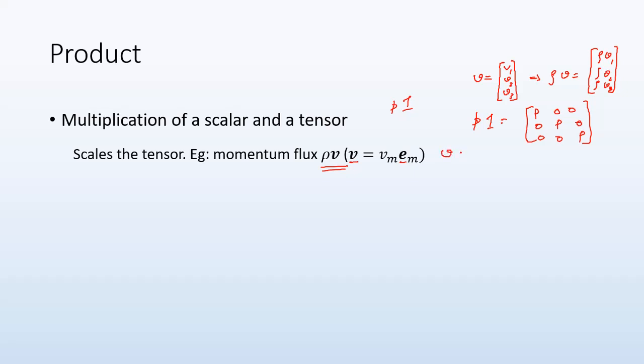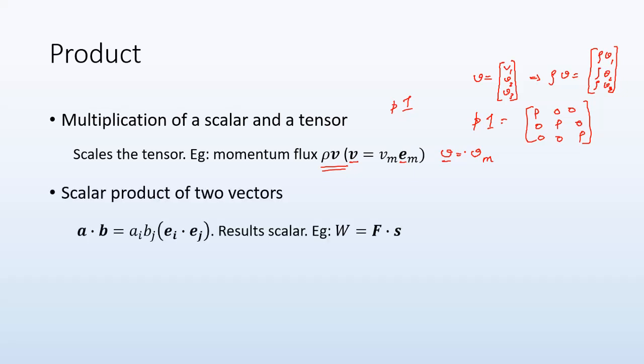This is just written as V equal to V_m. While you are writing, make sure that you give an underbar, because otherwise you can get confused. So you give a single underbar for a vector and a double underbar for a tensor. So multiplication with a scalar just scales the tensor or the vector by the scalar multiple.